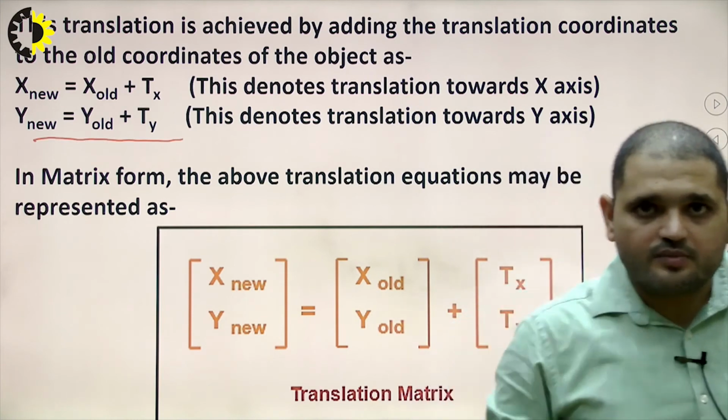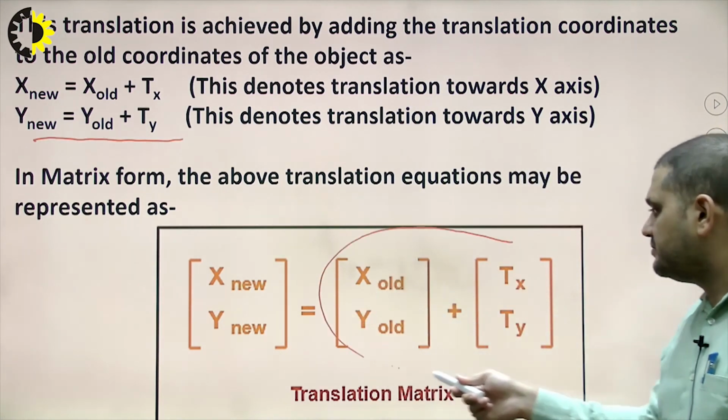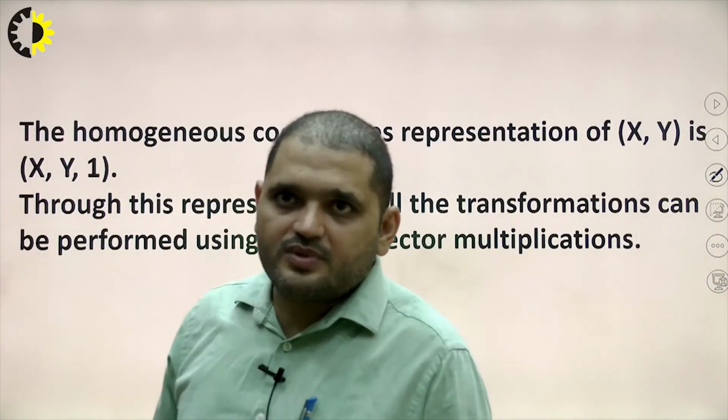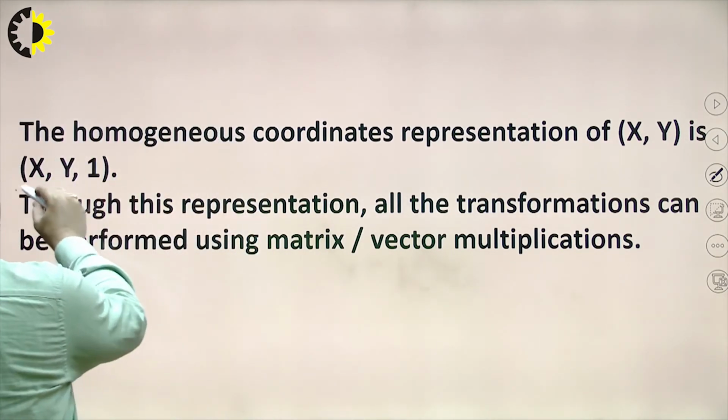So if I write this in matrix form, and make it a 2D homogeneous matrix, it will be in the form x y 1.